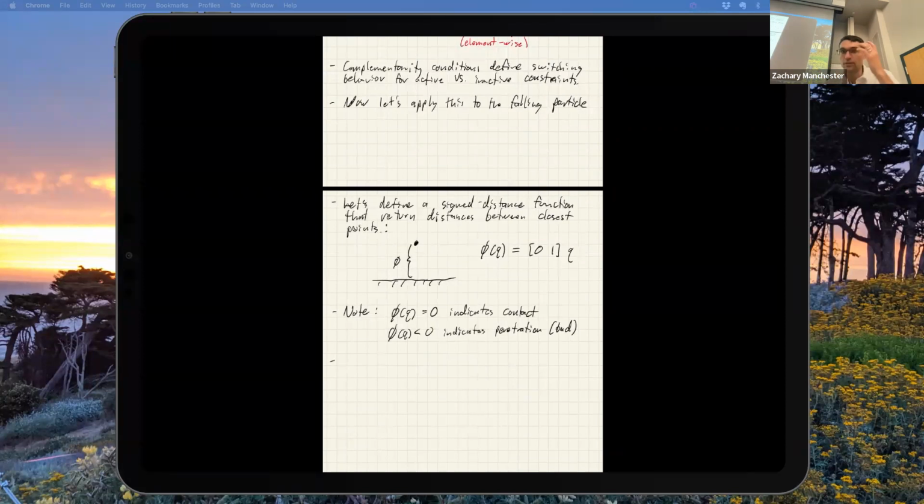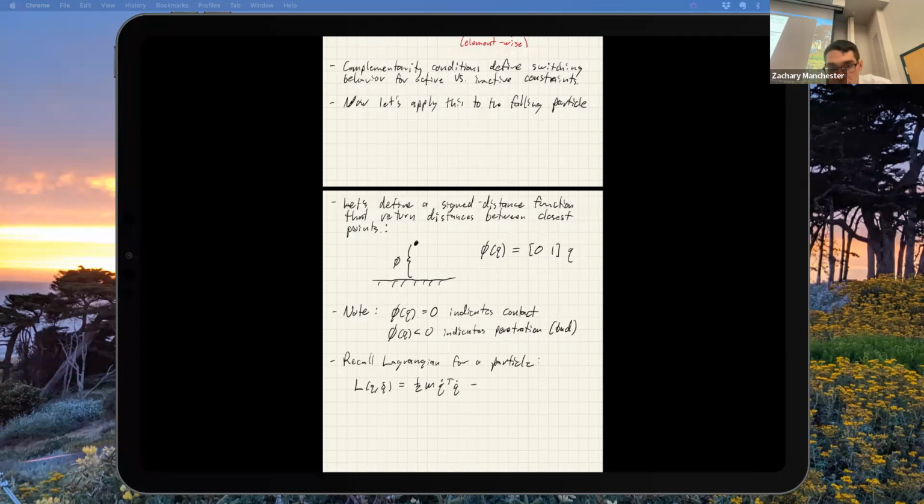So now what we're going to do is write down the Lagrangian for this thing, just with gravity. This is the mechanics Lagrangian. So this is just 1/2 m v squared, and in this case, it looks like this.